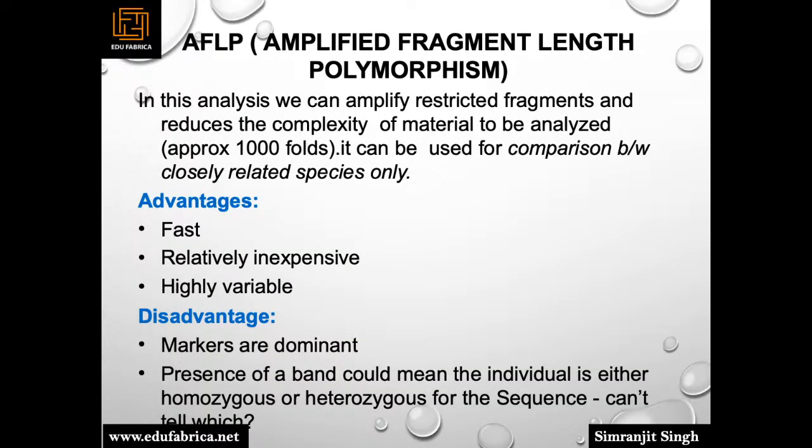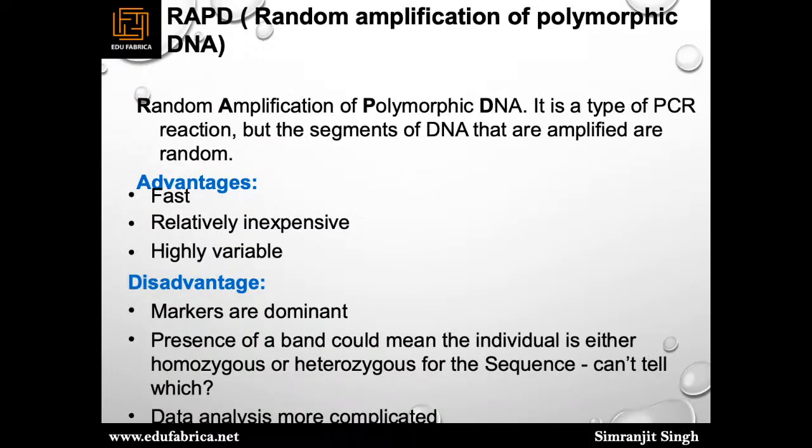Then AFLP, the amplified fragment length polymorphism. In this case, we use PCR to amplify our typical DNA sequence after the digestion with restriction enzymes, and then we go for closely related species to identify the results. Then comes RAPD, random amplification of polymorphic DNA. It is a type of PCR reaction, but the segments of DNA are amplified randomly.